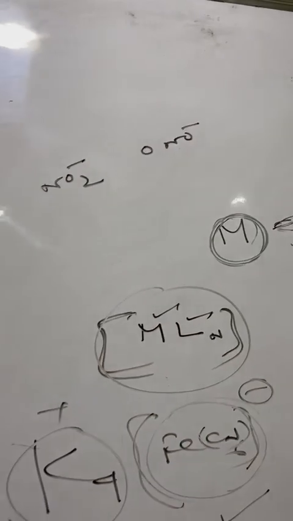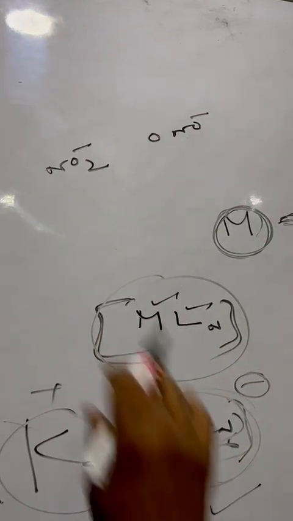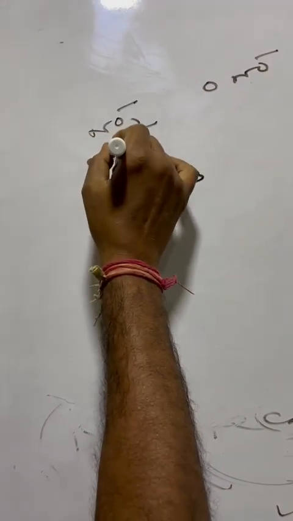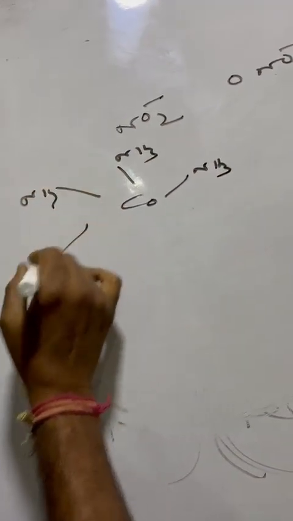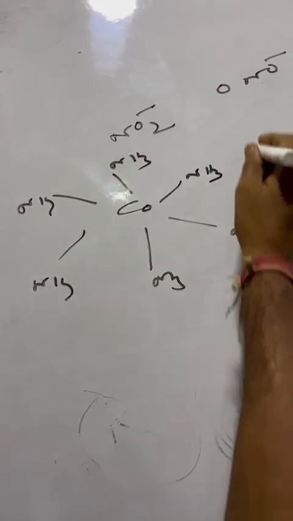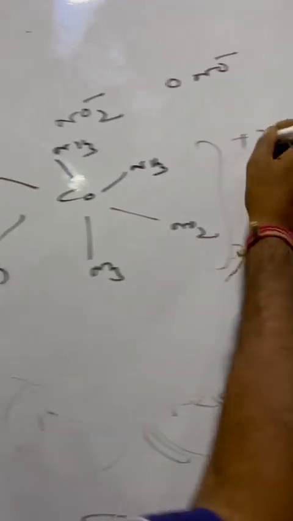You see the formula is same, but the property is different. Say for example, I write two complexes of cobalt. This is a complex.